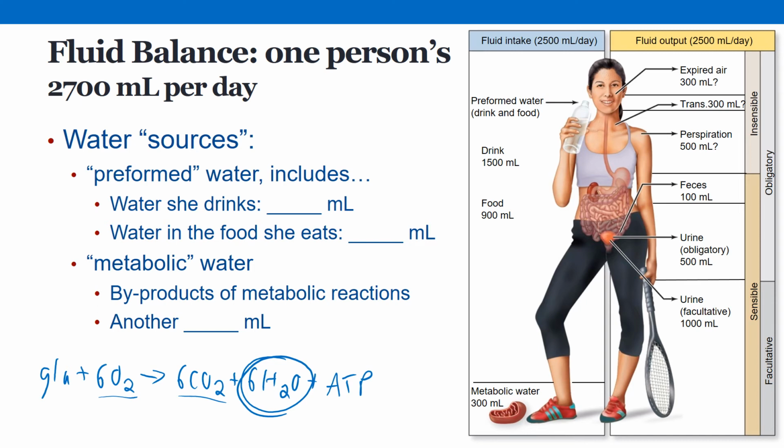So it turns out that the average person with an average metabolism produces about 300 milliliters of metabolic water per day. That's not anywhere close to that 2,700 milliliters that we need. So obviously, we're going to have to get some preformed water to add to that. The woman pictured here gets about 900 milliliters of water from the food she eats.